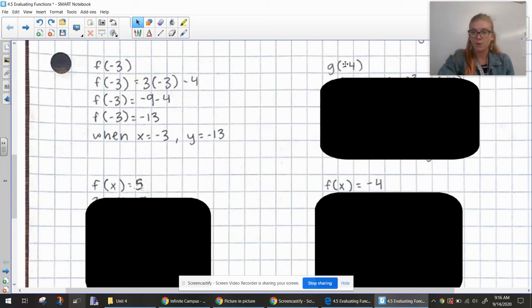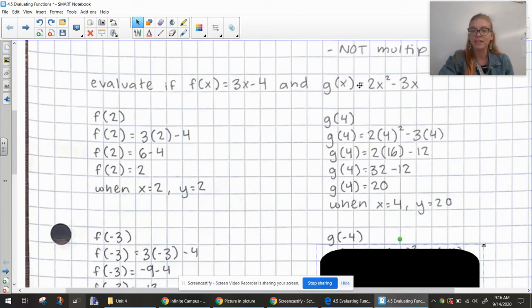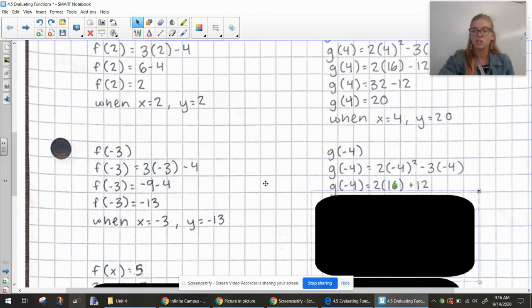For g of negative 4, we are going to take our g function, g of x, which equals 2x squared minus 3x, and we're going to substitute in. So g of negative 4 equals 2 times negative 4 squared minus 3 times negative 4. That gives us 2 times 16 plus 12.